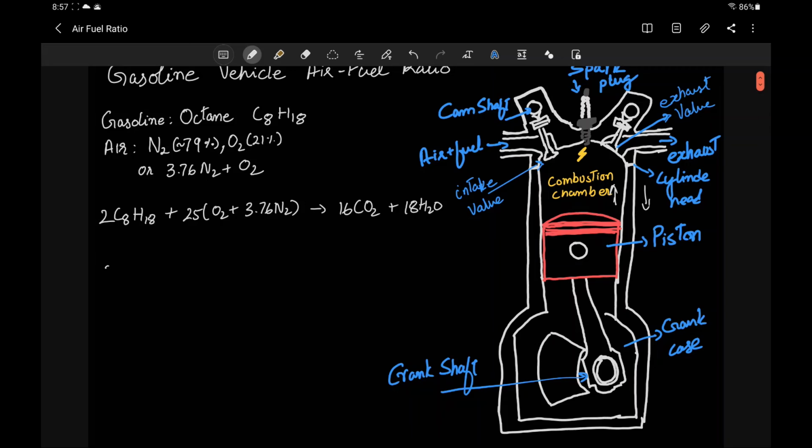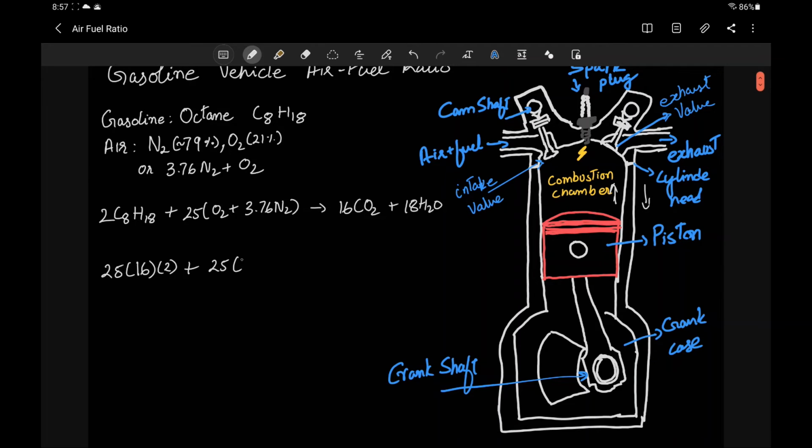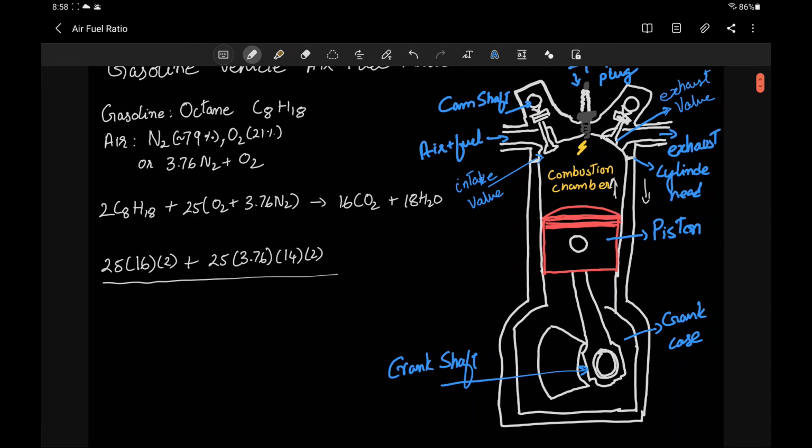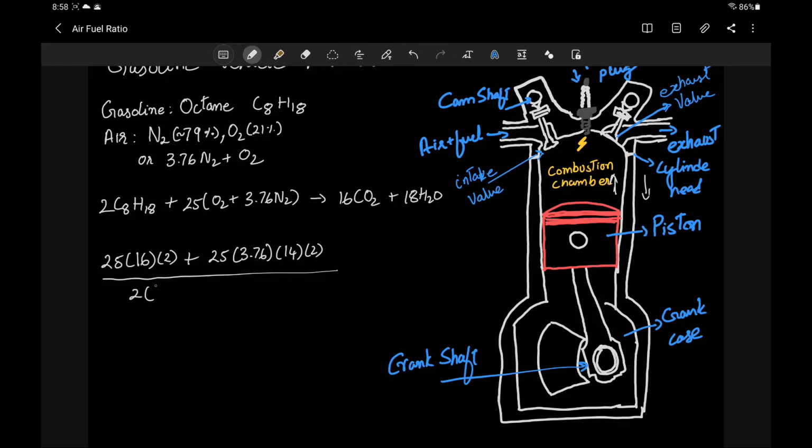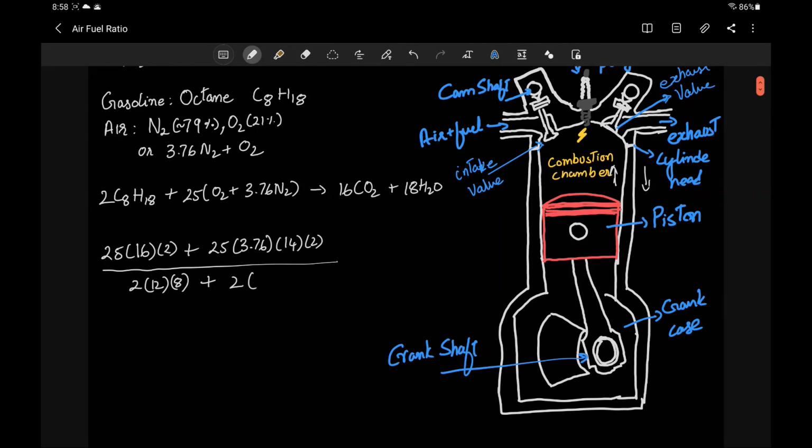So air is 25 times the atomic weight of oxygen, which is 16, with 2 atoms per molecule, plus 25 times 3.76 times the atomic weight of nitrogen, 14, times 2 atoms, over 2 times the atomic weight of carbon, which is 12, and there are 8 carbon atoms, plus we have 2 times the atomic weight of hydrogen, 1. There are 18 of them.